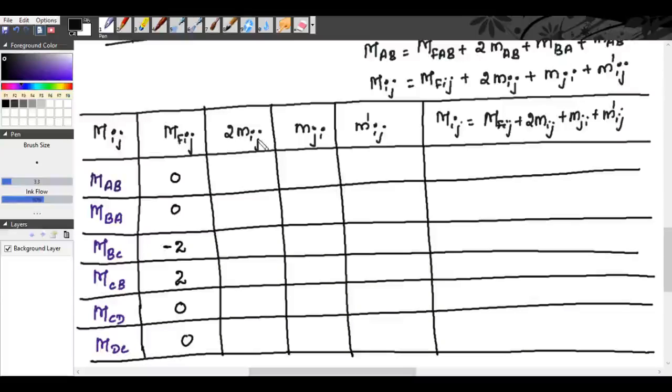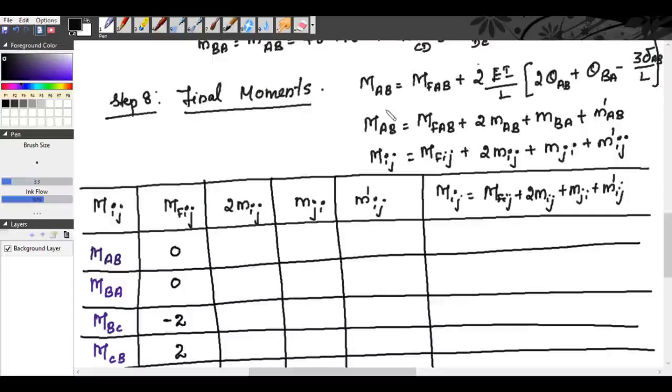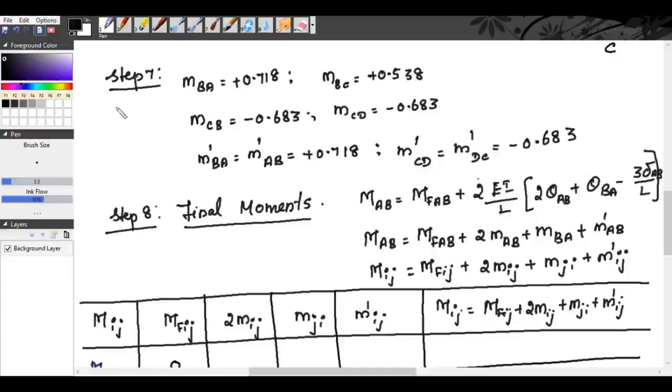Now 2MIJ, that is 2MAB. We don't have 2MAB, right? That is MAB is equal to 0 because for fixed ends there is no rotational contribution. Similarly, MDC is also equal to 0.